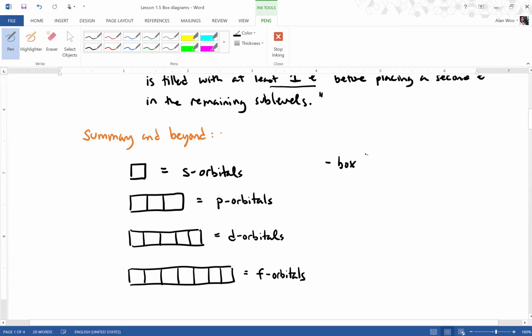So box diagrams are intended to show how electrons behave in neutral atoms.